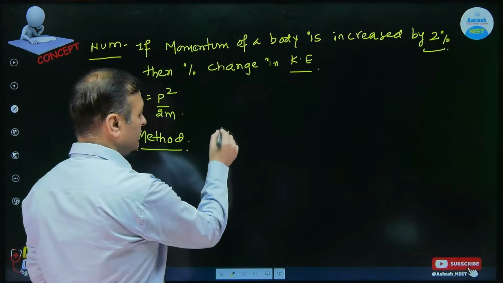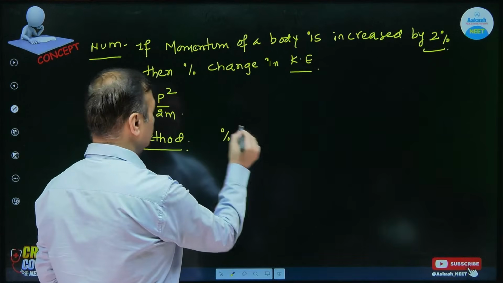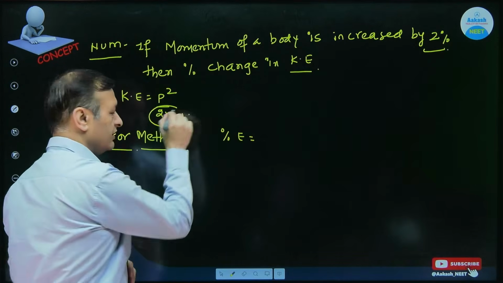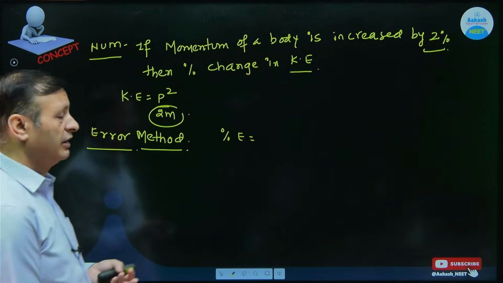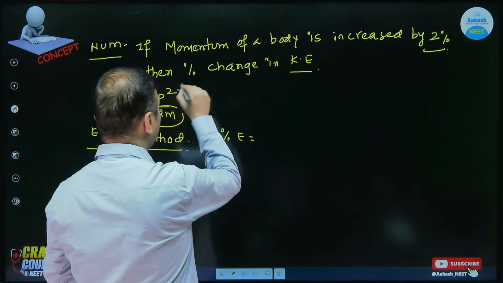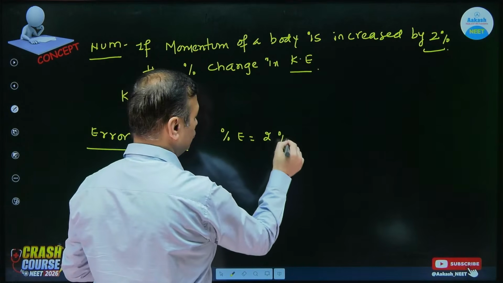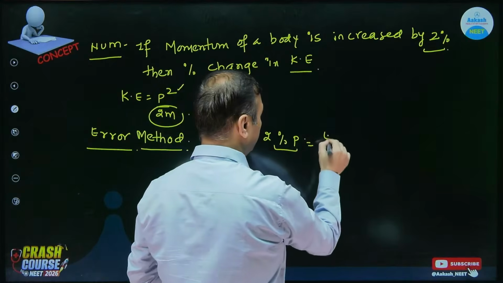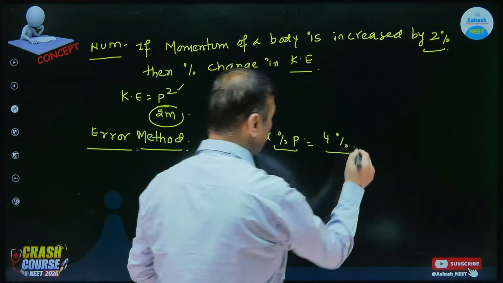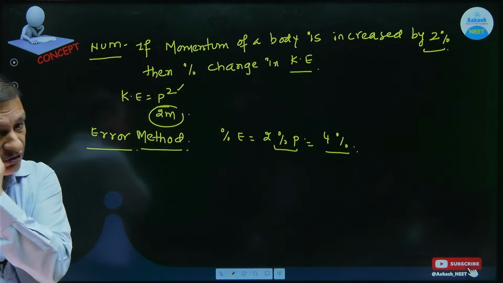And percentage change in kinetic energy is, so mass, there is no comment, so we'll keep mass as constant, so there is no change in the mass. So it means by error method, this is 2 times the change in momentum, and momentum is increased by this 2% only, so 2 into 2 will make it 4% only.